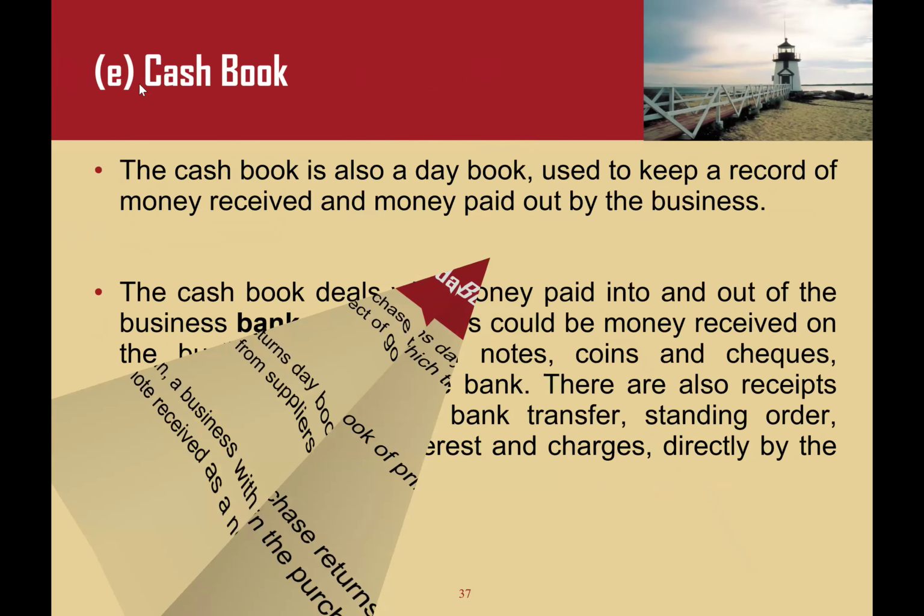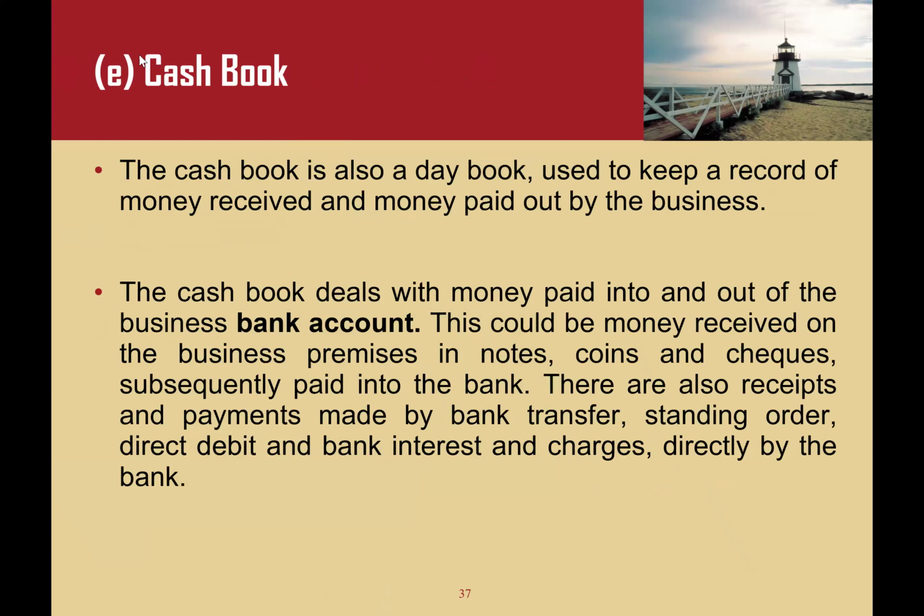Then we have the cash book, where you record the receipts. Okay, that is if you have paid cash and it's not something that you're going to demand and all that. So you're going to use the cash book.